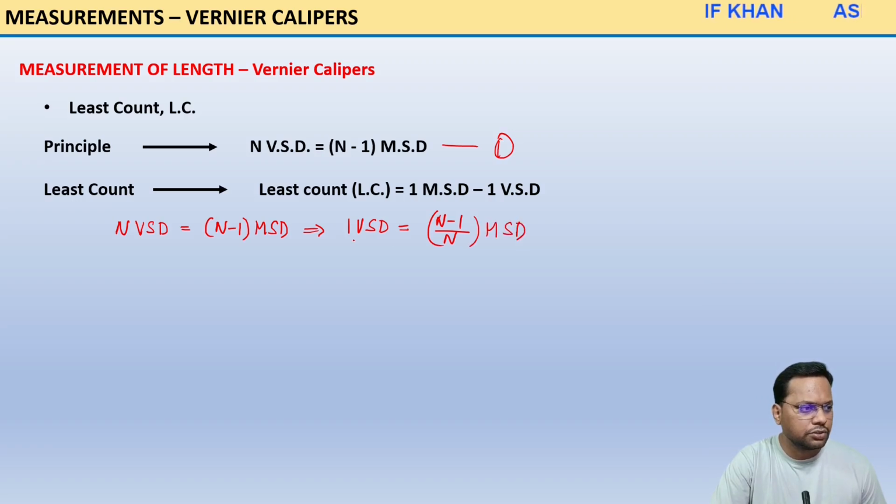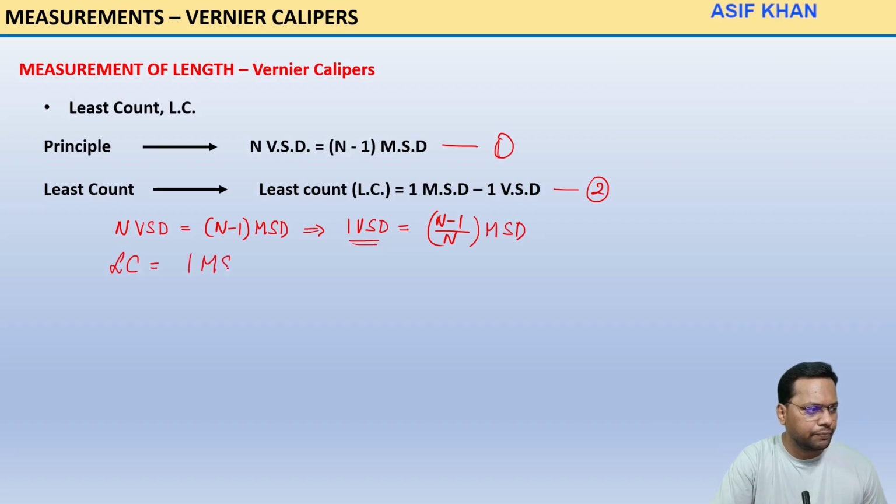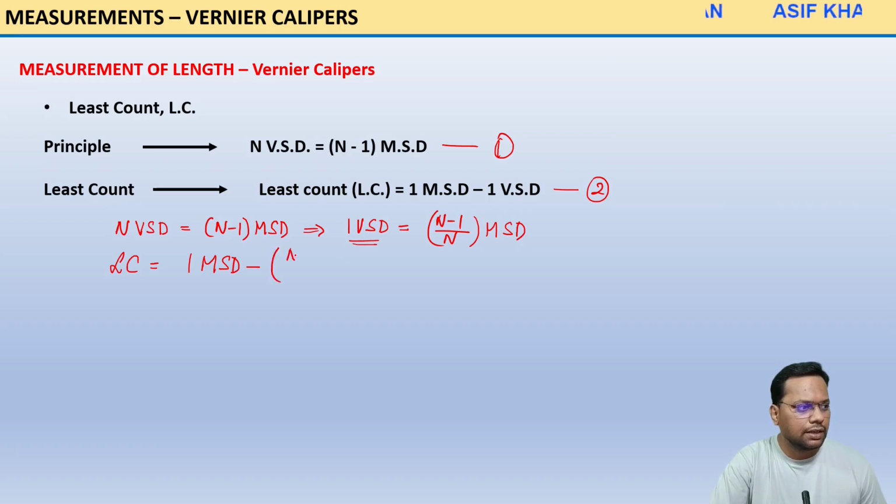Now you substitute this expression for 1 VSD in the second expression. That is, least count is equal to 1 MSD minus 1 VSD, that is n minus 1 divided by n into MSD.